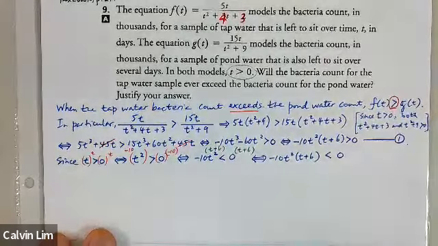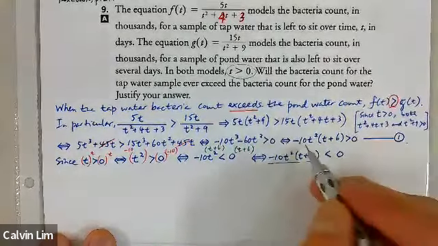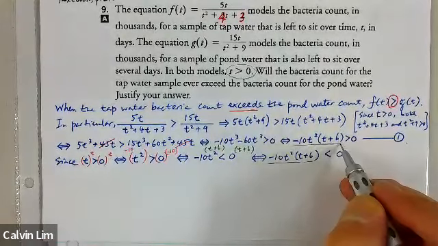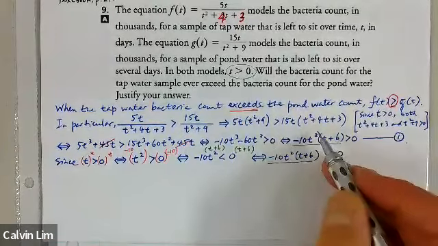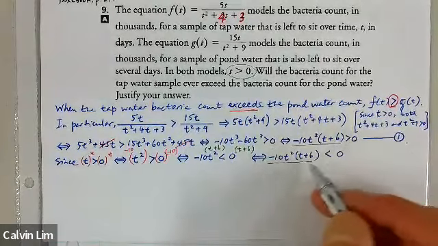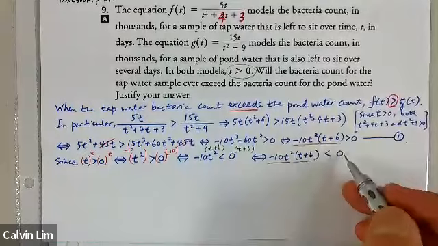Now this is exactly the same as the inequality we're trying to solve, so inequality 1 is false, because this has to be negative.